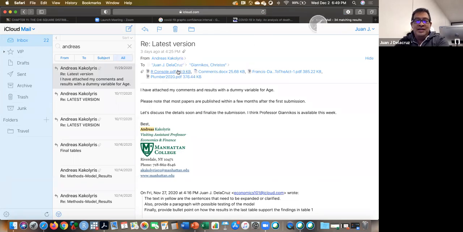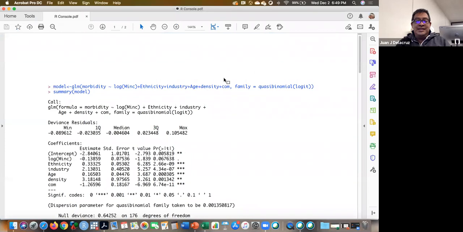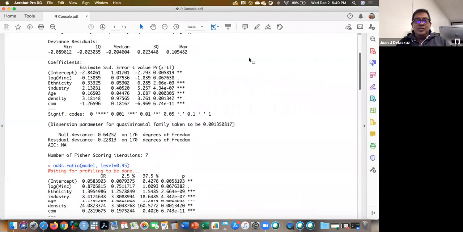For example, this is my colleague who is doing this work. He used R. This is the regression, of course. We are not describing the regression, but as you can see here, we have the stars. I probably don't look at these numbers, I just go to the stars. I say, oh wow, all these results are significant.